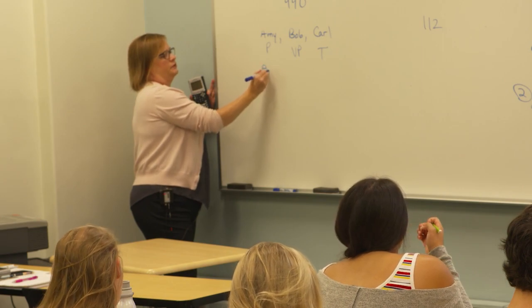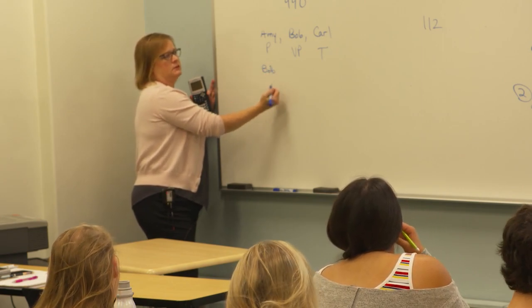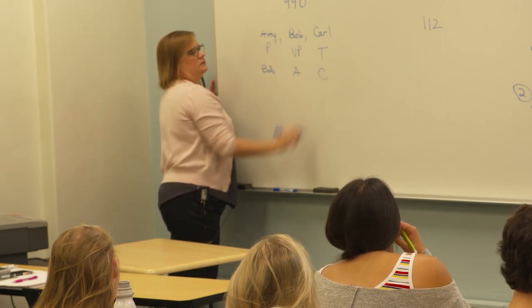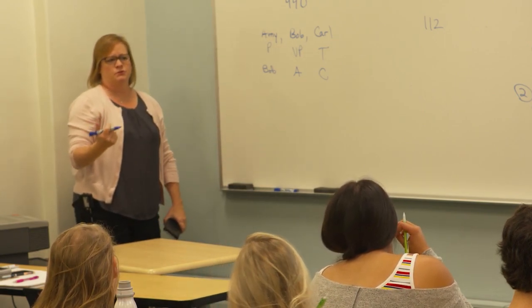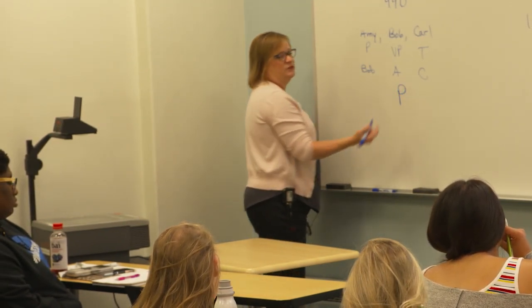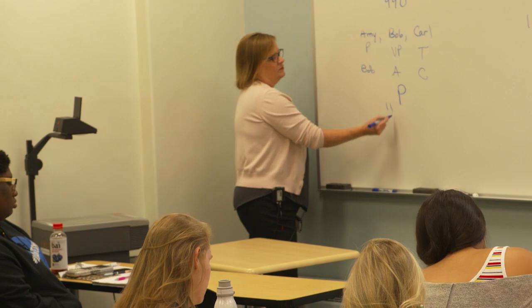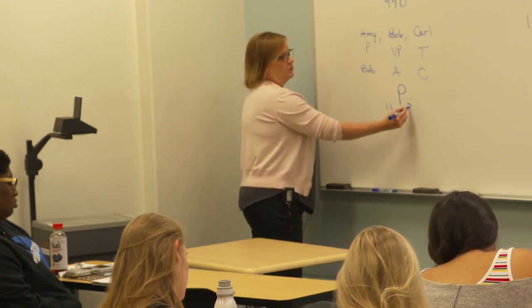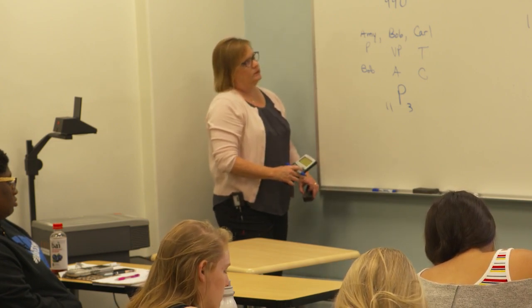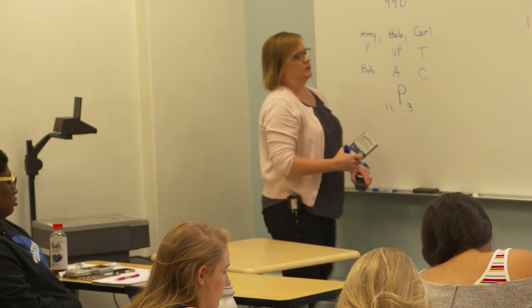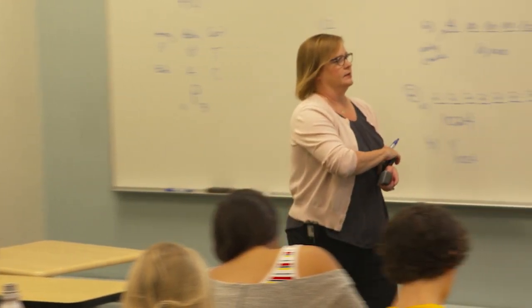Like if Bob got picked first, now he's president, and then Amy, and then Carl. So if I had to pick one between combination and permutation, which one would it be? Permutation. So the other thing you could do there is say, I've got 11 people, and I need to pick 3. Yeah, so you could do it either way. Yep. So practice that on your calculator, too. You should get the 990.